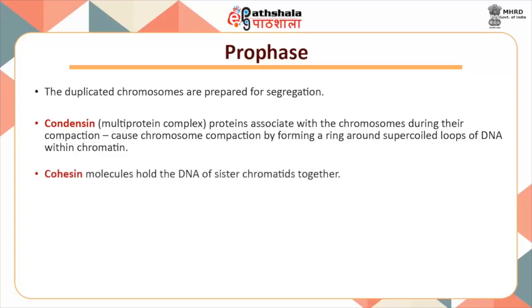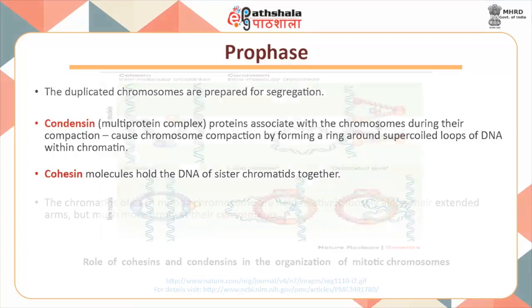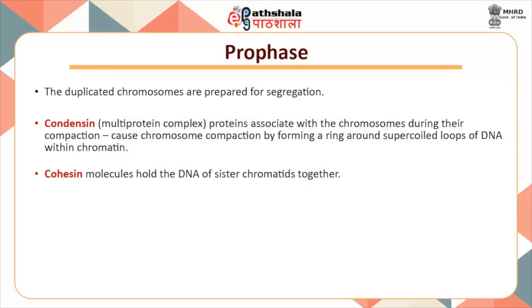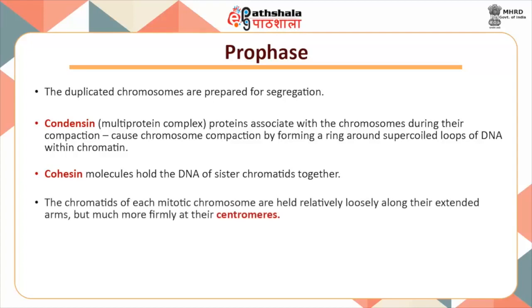Cohesin plays a role in holding the DNA of sister chromatids together. So, as you can see in the figure also, condensin is an intramolecular cross-linker and cohesin is an intermolecular cross-linker, ultimately holding the chromatids of each mitotic chromosome firmly at their centromeres and relatively loosely along their extended arms.